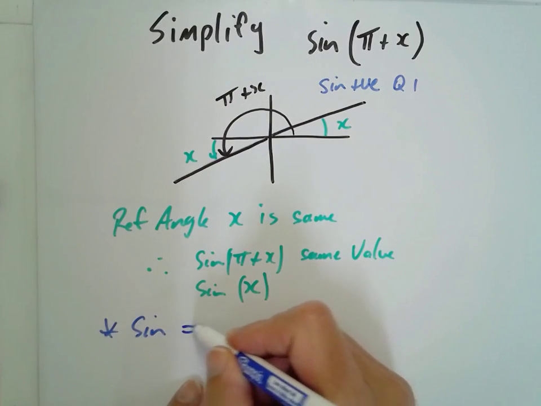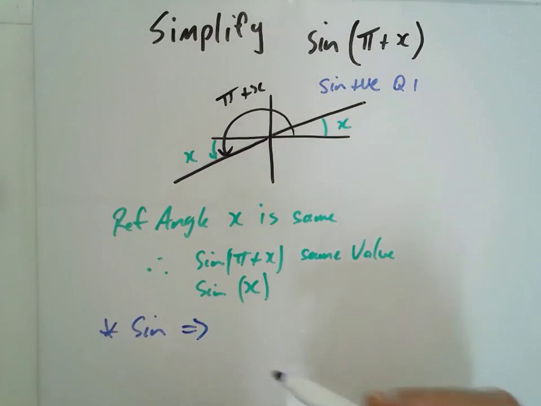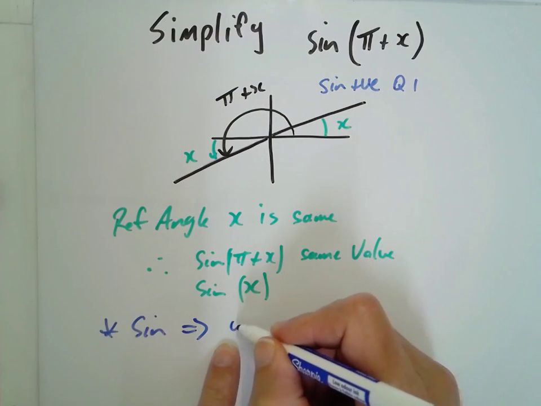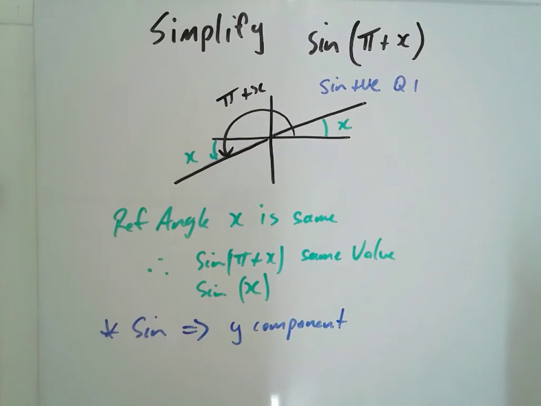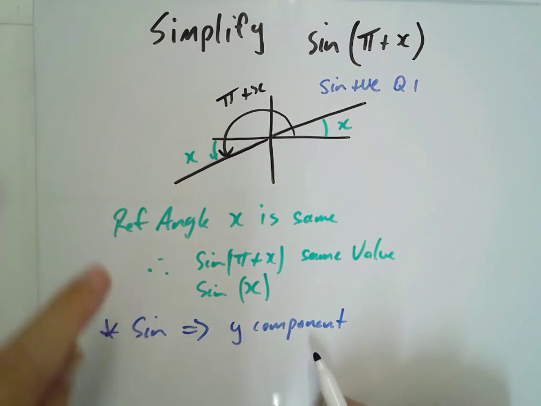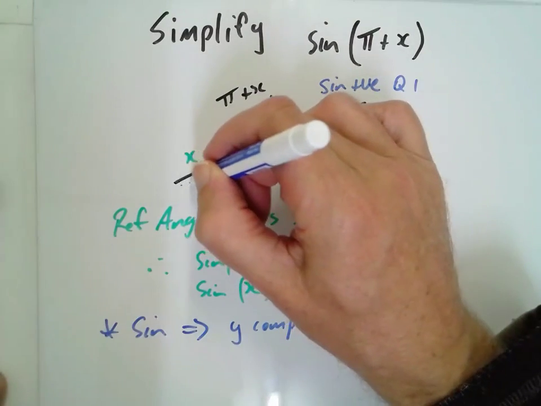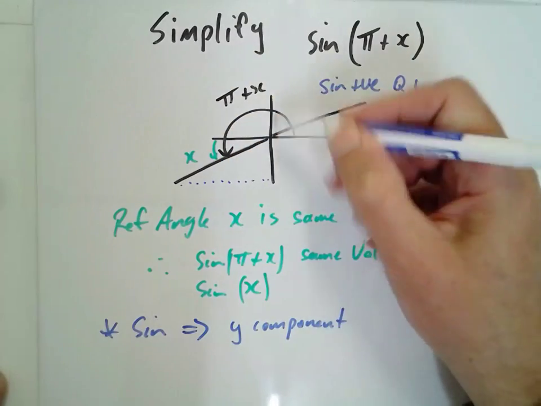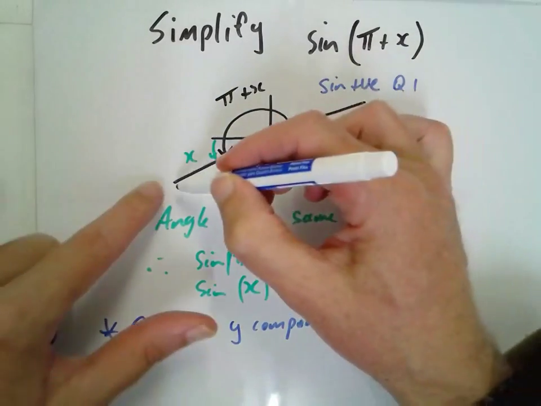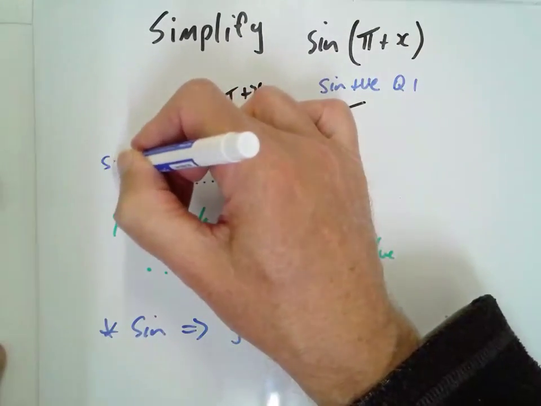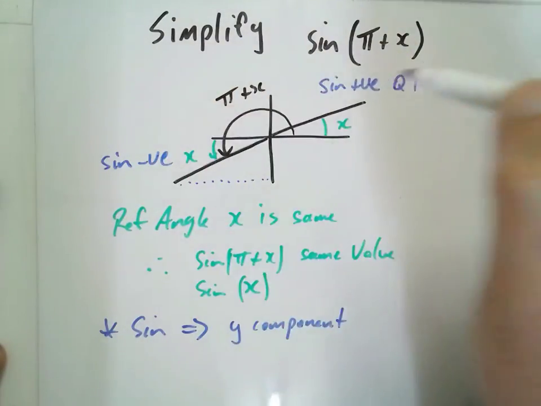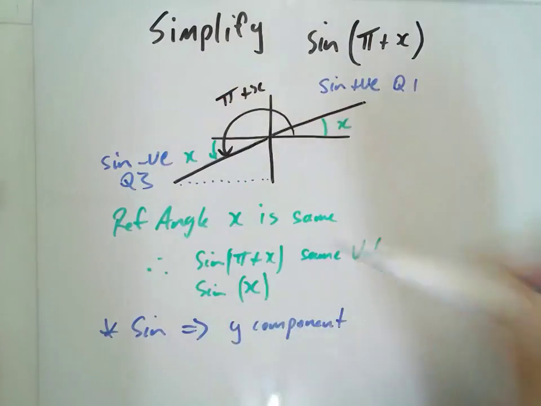Sine aligns to or is linked to the y component of our terminal ray. So you can see here, there's our y-axis. So the y component of the terminal ray here is negative, therefore sine is negative in quadrant 3.